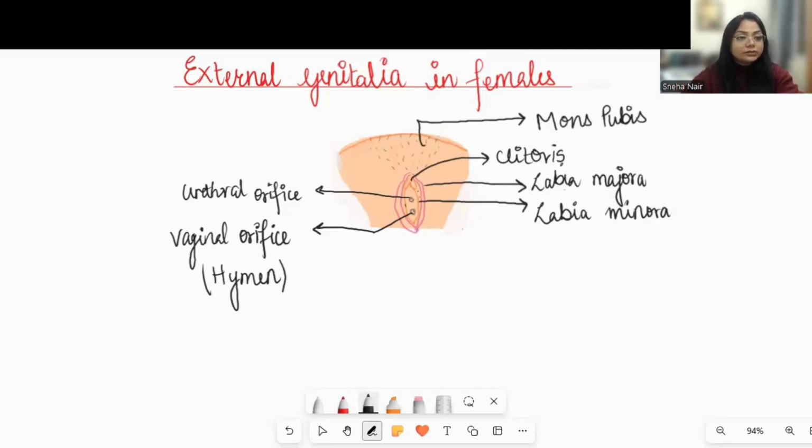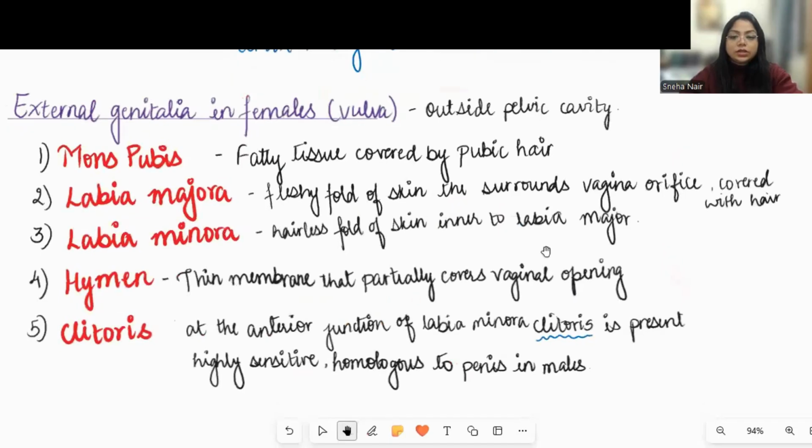Let us quickly write about it so that you can also prepare your notes side by side. The external genitalia in the female is called the vulva. It is outside the pelvic cavity. It consists of the mons pubis, that is fatty tissue covered by pubic hair. Labia majora is a fleshy fold of skin that surrounds the vaginal orifice and is covered with hair.